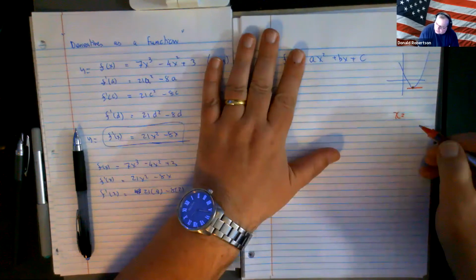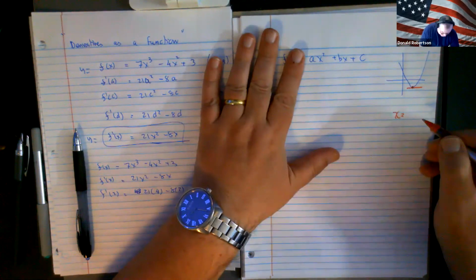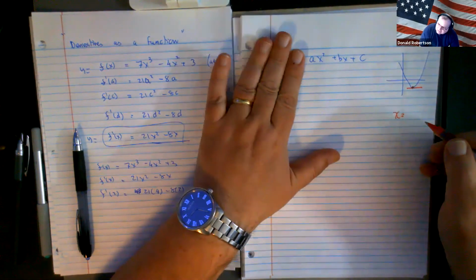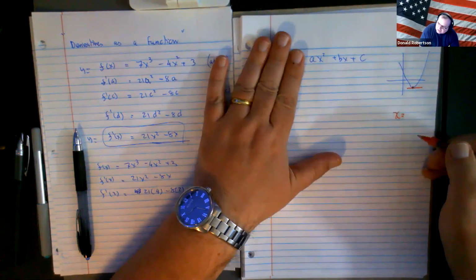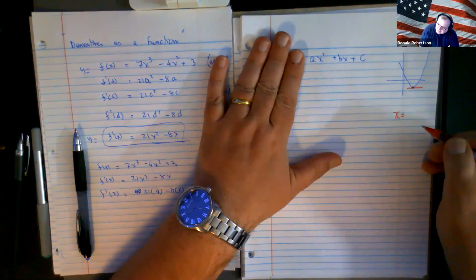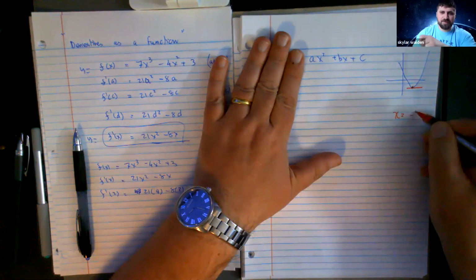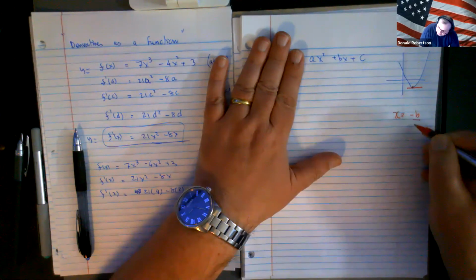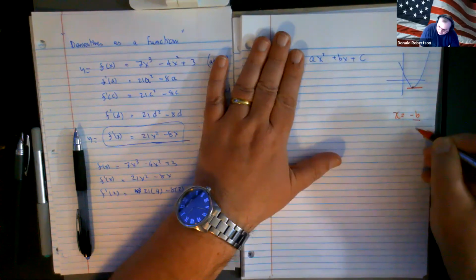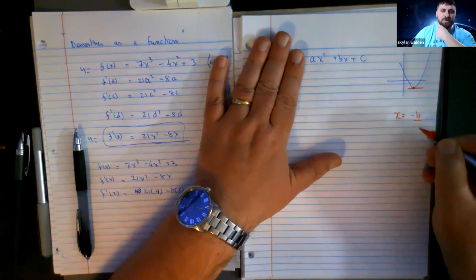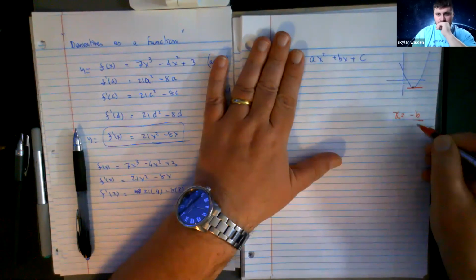Quadratic curve, x coordinate of vertex. Come on, let's get the cobwebs out. Start it off for me at least. Is it the negative b over? Negative b over, yeah. Oh, 2a.